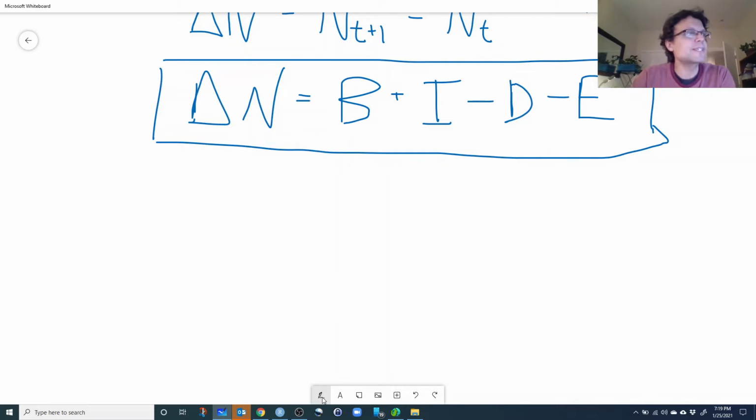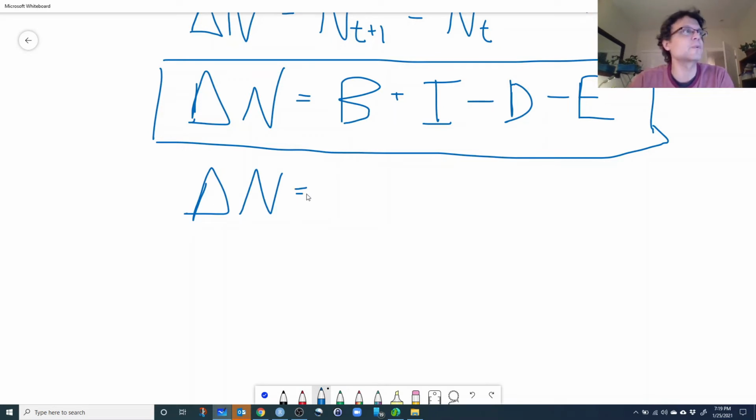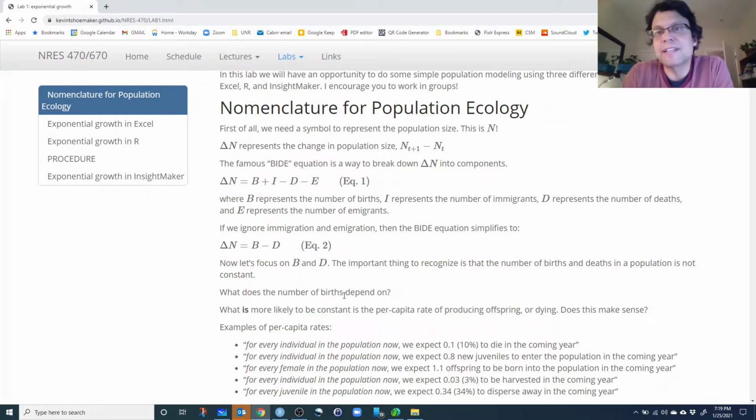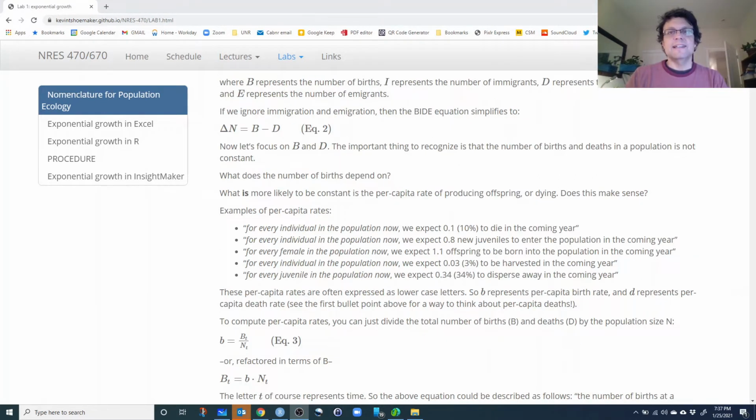So let's simplify our population model here, and we can say that delta N is now equal to births minus deaths. All right. Now the next thing to think about, and I'm going to go back to the lab for this. Now this equation, delta N equals B minus D, it makes a lot of sense.